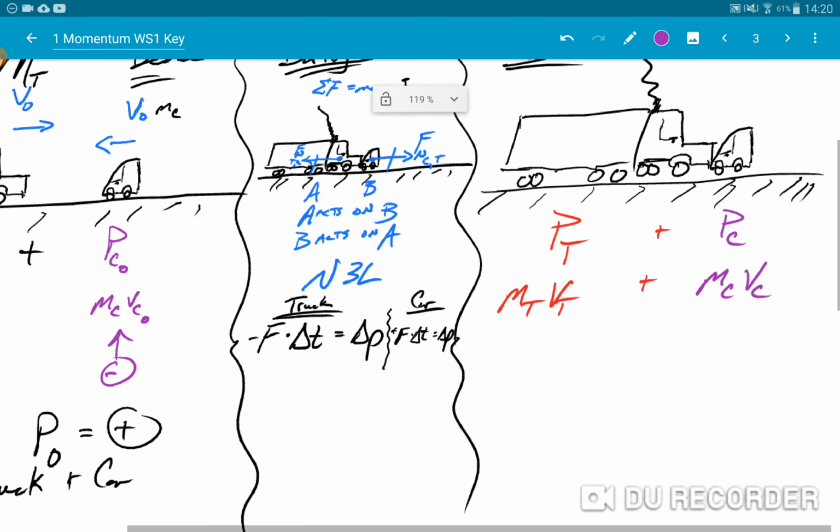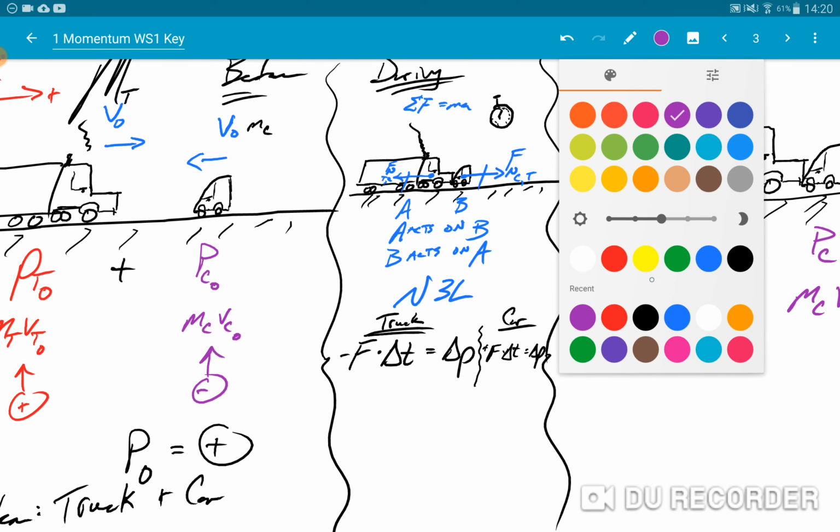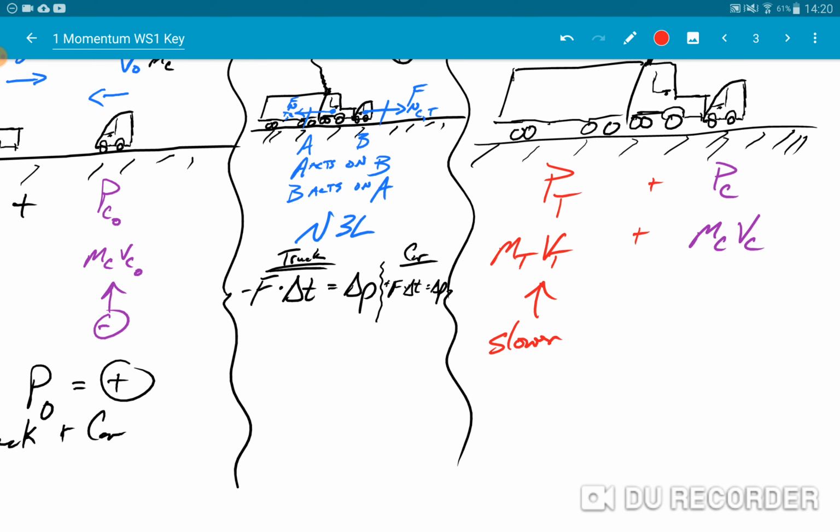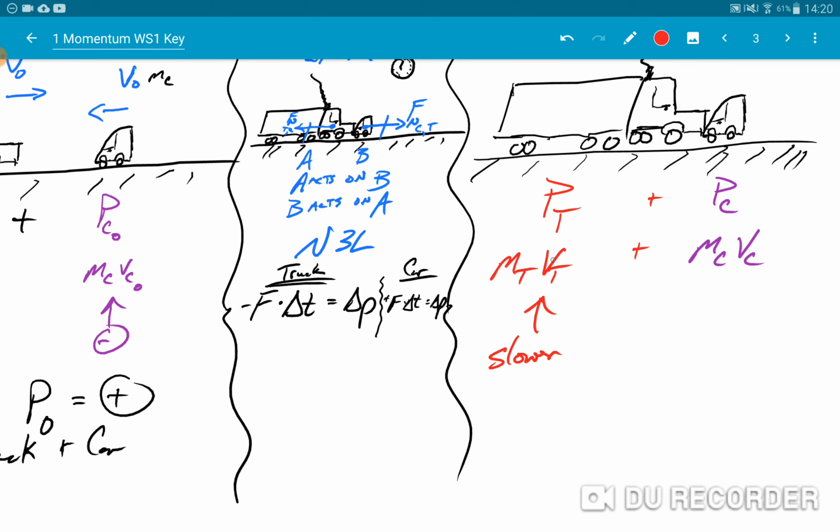Now you told me that this truck is going to be going slower afterwards because it ran into something. So that means this is a little bit smaller. If this velocity is slower, that means this whole quantity must be smaller as well.